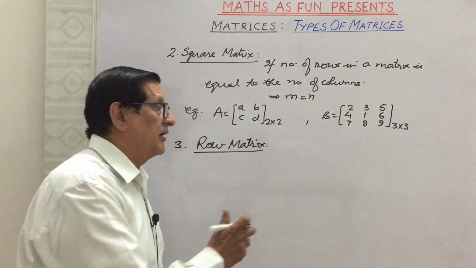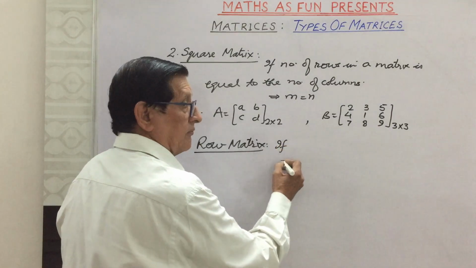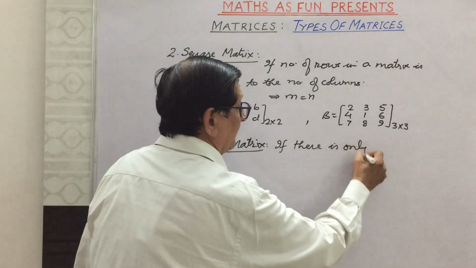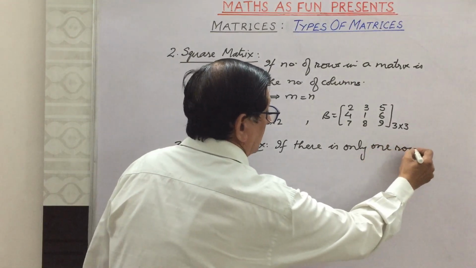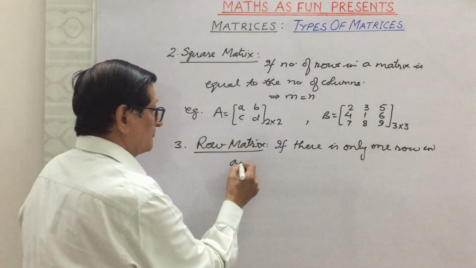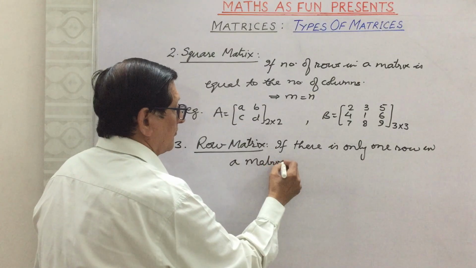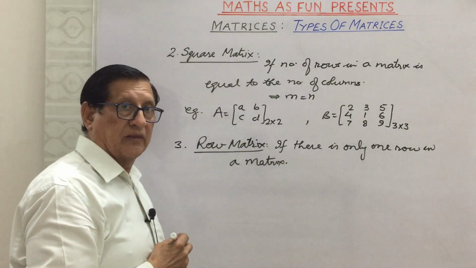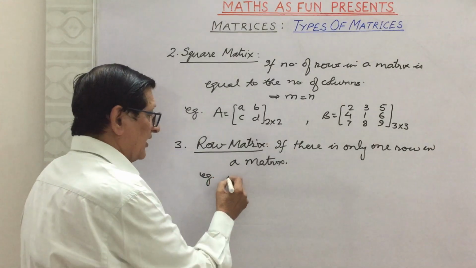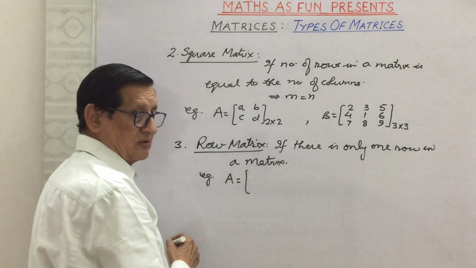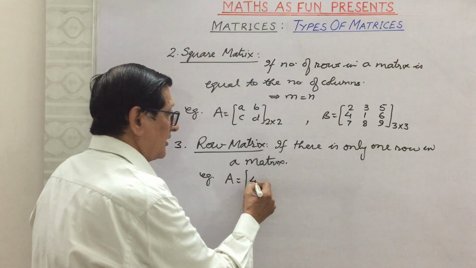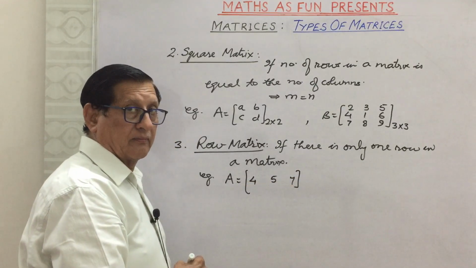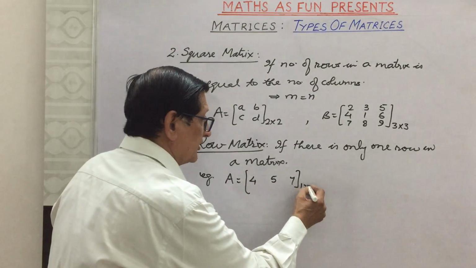So we can say that if there is only one row in a matrix, then it is a row matrix. For example, suppose we have a matrix and the elements in this are 4, 5, 7. This is of order 1 into 3.